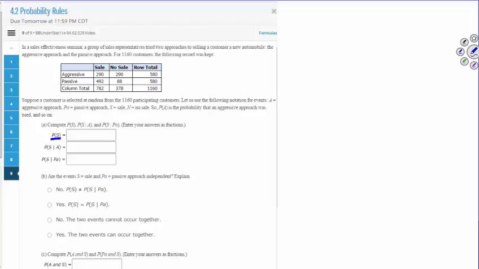For example, the probability of making a sale. The probability of sale is just the number of sales that were made out of the total number of customers. The total number of sales were 782, and there were 1,160 customers. 782 divided by 1160 turns into a decimal, no problem in my calculator, but it wants a fraction.